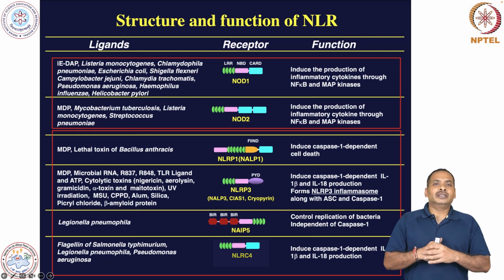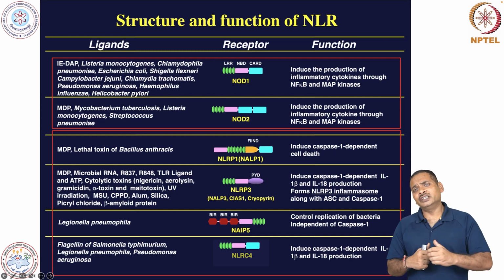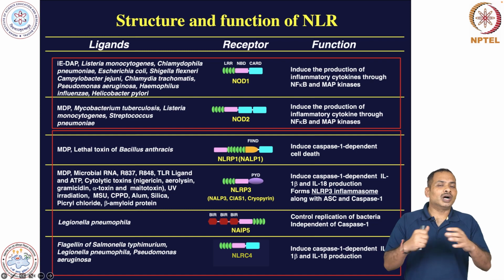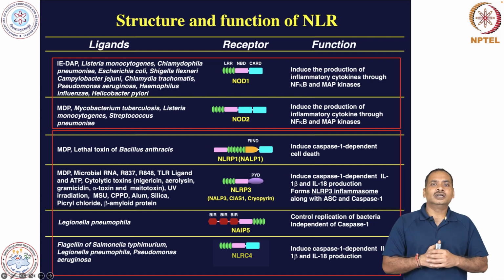In mice, it is procaspase 1 and 11. Procaspase 1 is the enzyme which cleaves pro-IL-1 beta into its active form, IL-1 beta.